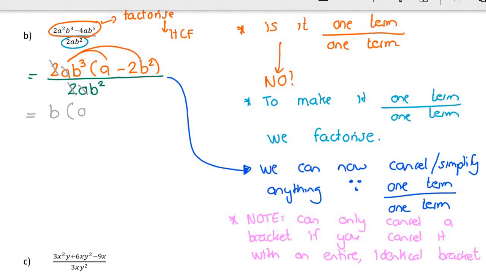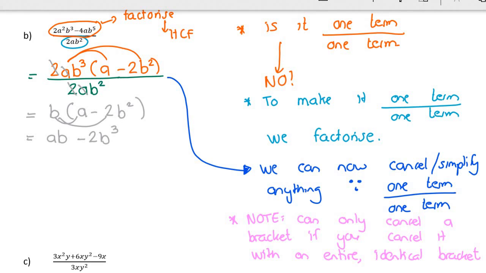And then I'm afraid the whole bracket is still there. And there we go. Now, that doesn't look very pretty because it's not really multiplied out. And so I would possibly multiply this out now. So that's AB, and that's minus 2b cubed. So I would now go and multiply that out. So we factorize to make something one term over one term so that we can cancel.